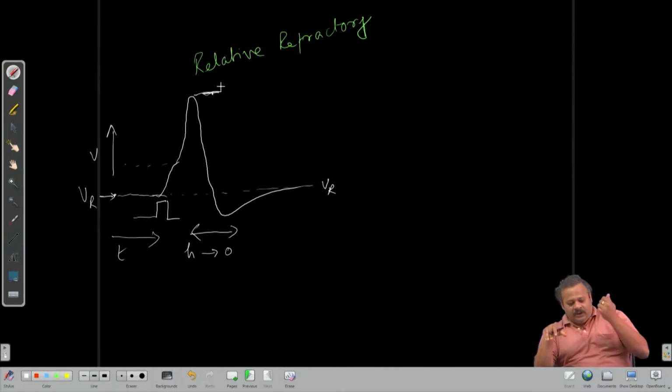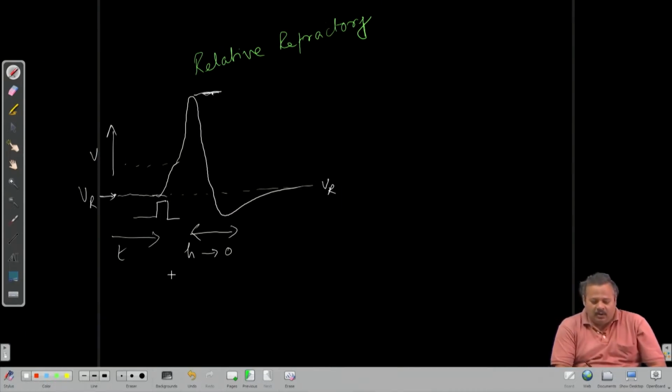So when this voltage is coming down, by the time it reaches the bottom of it, H is already at 0, which means that none of the sodium channels can be activated, or even if the m's are open at that voltage, H will not allow sodium currents to open because H is 0. So that particular period where we have sodium channel inactivation, that period is called the absolute refractory period.